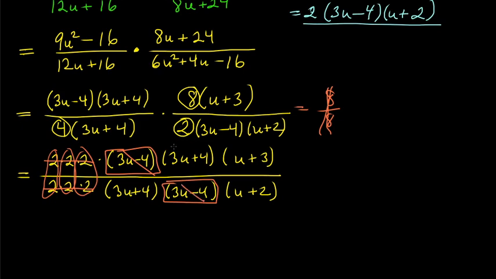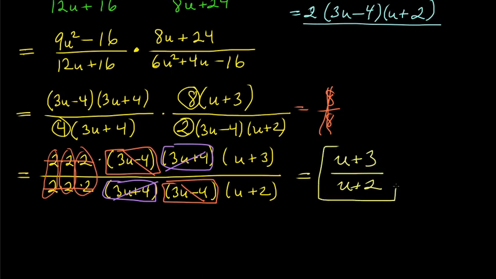The 3u plus 4 cancels with the 3u plus 4. And these are different, right? U plus 3 is not the same as u plus 2, so they don't cancel. But everything else did. So all we're left with is u plus 3 over u plus 2. Right? That has to be the answer.